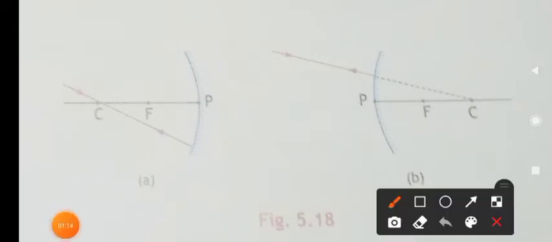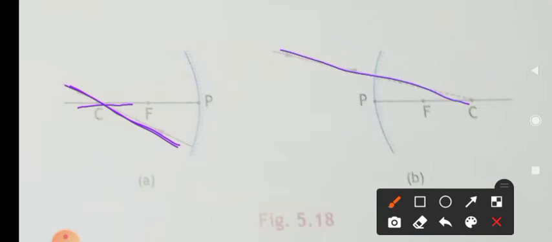In the first one, the ray of light passes through the center of curvature of a concave mirror. In the second case, it is a convex mirror, so here it moves towards the center of curvature of the convex mirror.